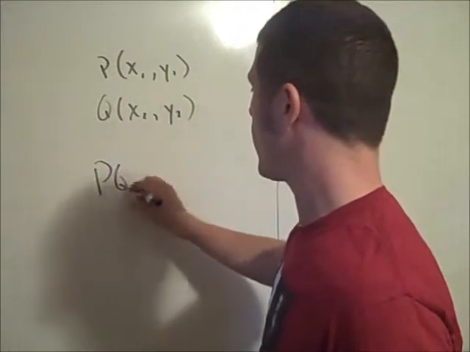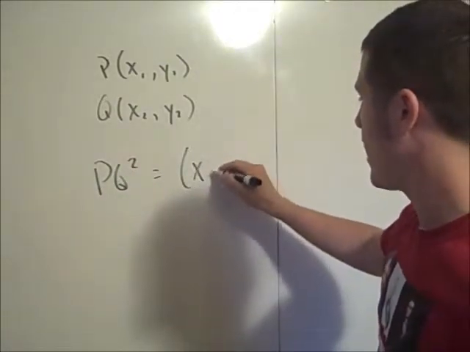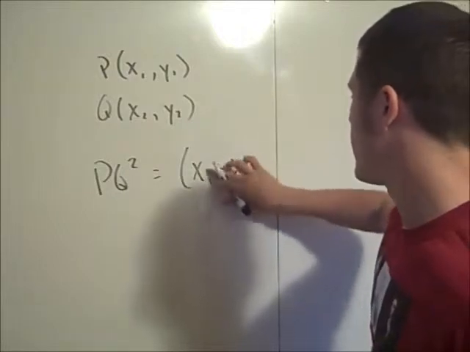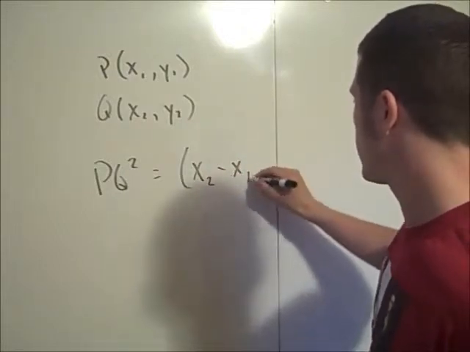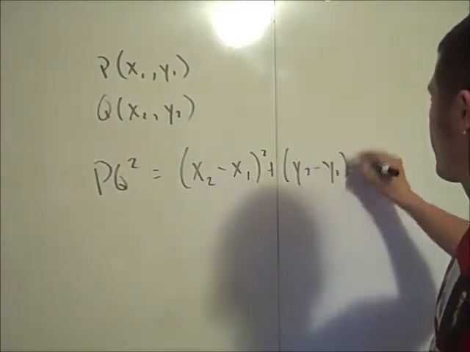Then PQ squared is going to be the difference of the x values squared, x2 minus x1, I guess most textbooks say, plus y2 minus y1 squared.